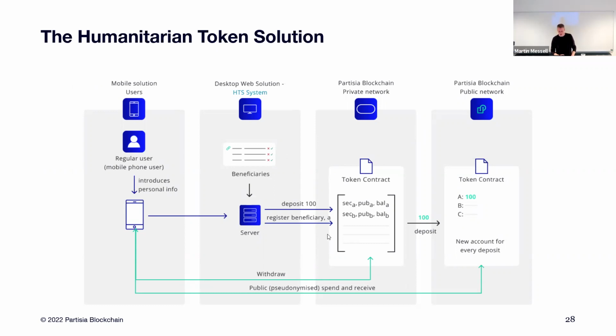So the idea is that inside the private part of the token contract, there is an entry for each of the beneficiaries. For instance, there is an entry for Alice, which has a secret value, a public value, and a balance, where these are probably not the best names, as these are all secret.